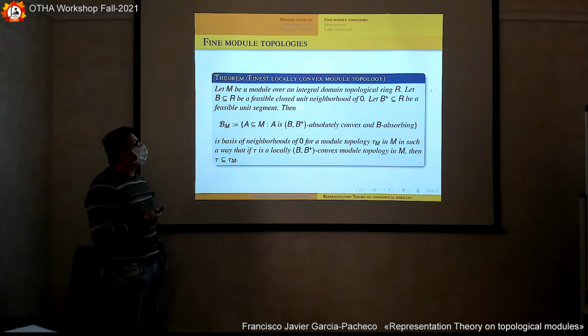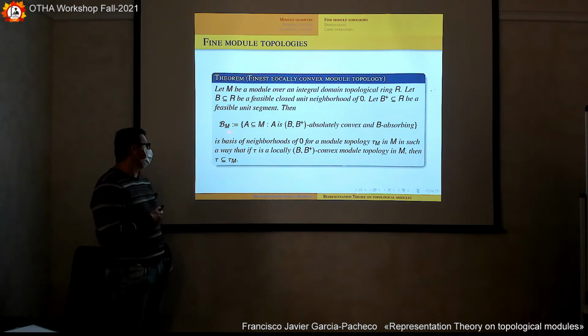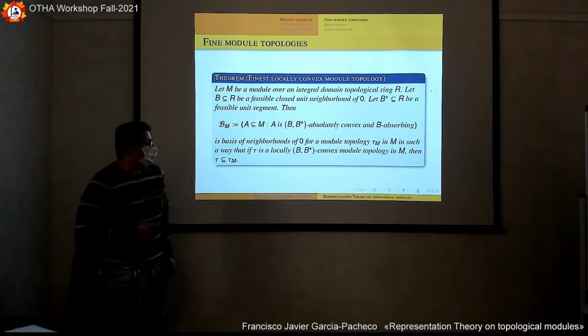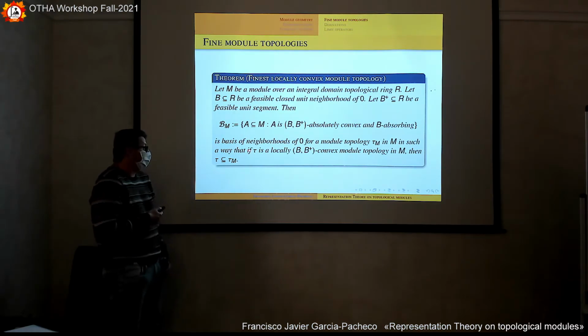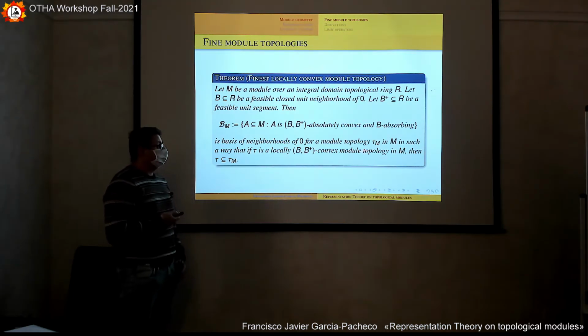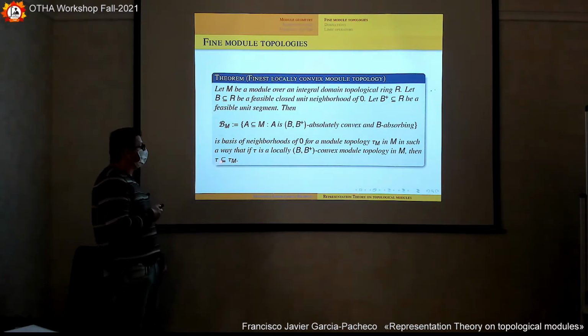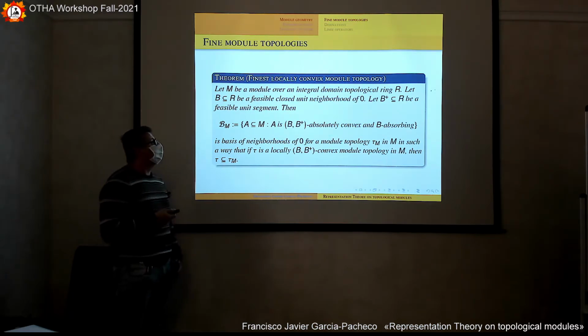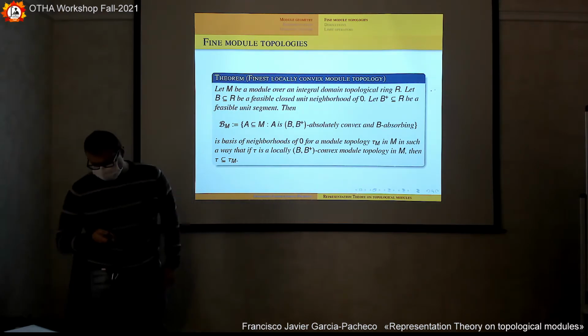We have a feasible closed unit neighborhood of 0 and a feasible unit segment, then the collection of all B-absolutely convex and B-absorbing subsets of M is a basis of neighborhoods of 0 for a module topology, which is going to be trivially locally convex, and even more, if tau is a locally convex module topology, then it is contained in this one. So this is the finest locally convex module topology.